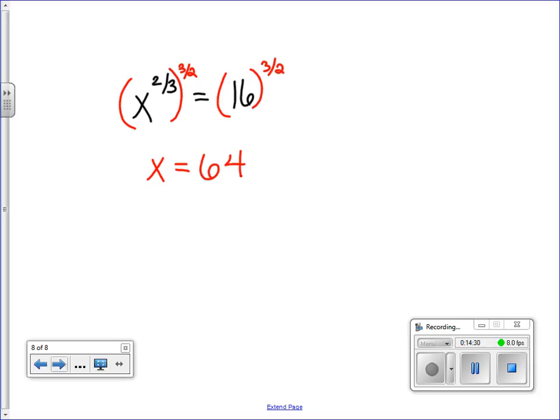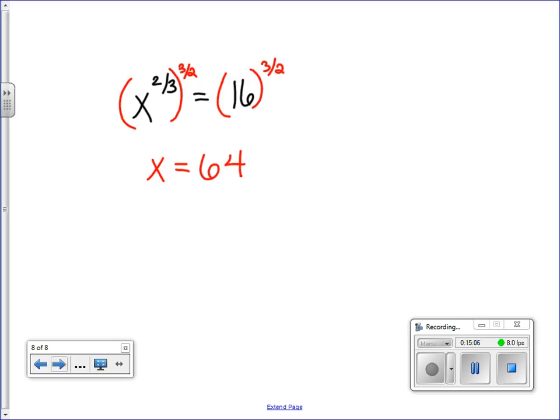Okay, so let me ask you this question though. When I take 16 to the 1/2 power, is 4 the only answer that I get? Isn't there another one that would get 16? Yeah, -4. Good job. See, I knew y'all knew that. Because -4 times -4 is 16, right? When I took the square root of 16, the answer could have been 4, but it also could have been -4.